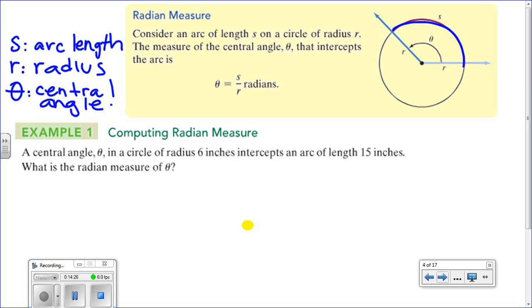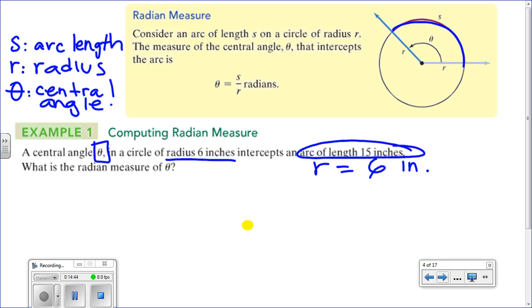So let's see. At central angle theta in a circle of a radius 6 inches, so let's do a quantitative analysis. So we analyze each quantity. The radius is 6 inches. And the arc length is 15. So S, remember that we're using that for arc length, 15 inches.